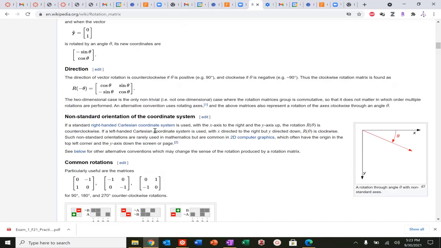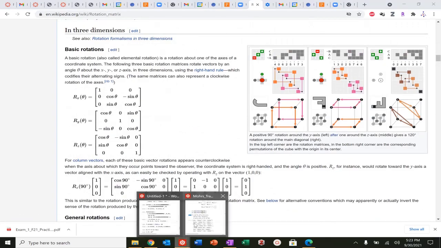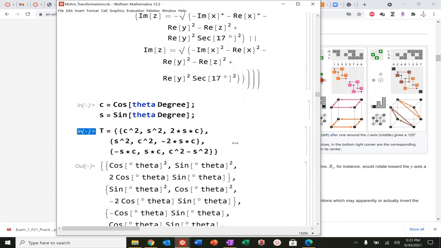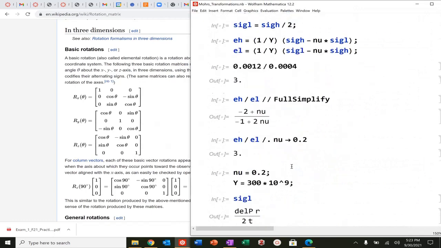So I could look essentially right here. Here's my rotation matrix. Let's see if I got it. I'll just write it quickly so that we can work through our problems.